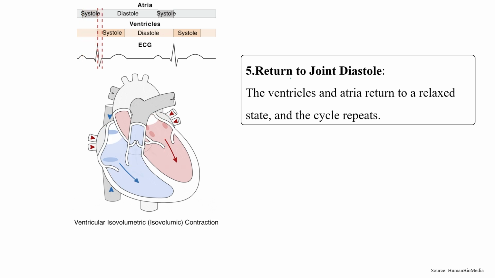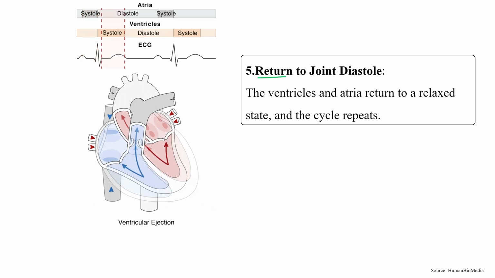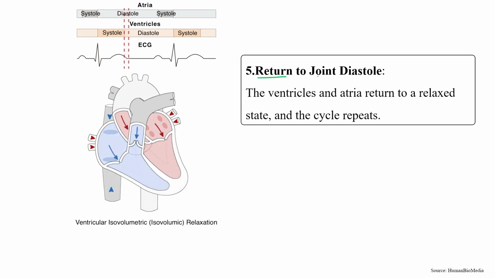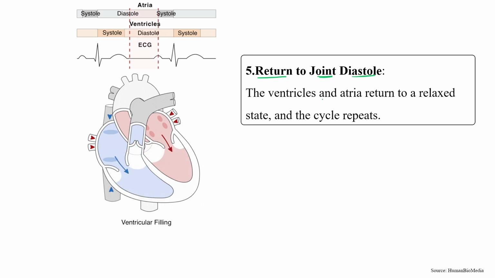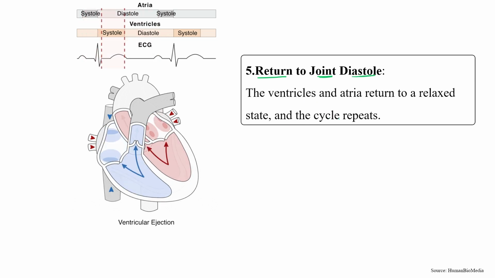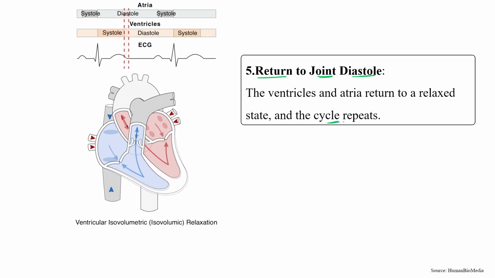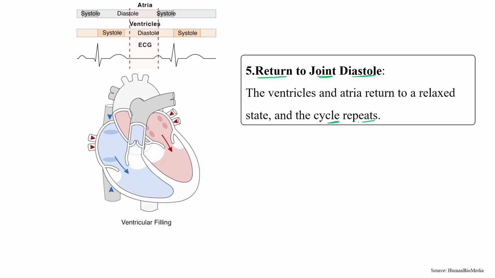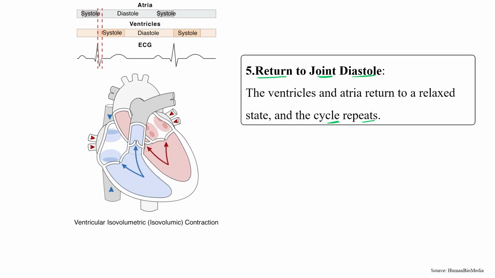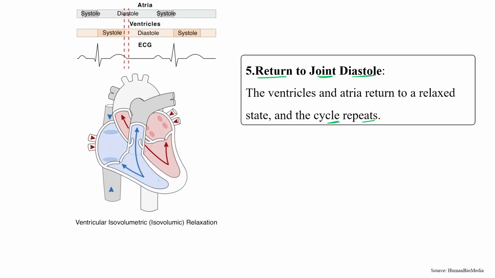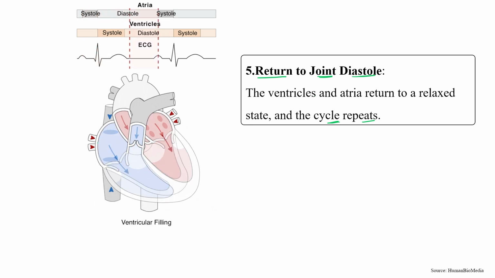And at the end it returns to the first step, meaning joint diastole occurs, in which ventricle and atria return to the relaxed stage, and now we can say the cycle repeats again. So this is the atrial diastole, ventricular diastole, atrial systole, ventricular systole.